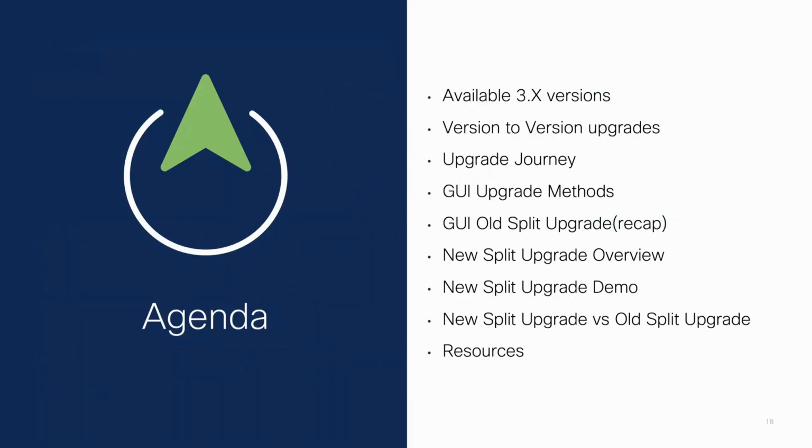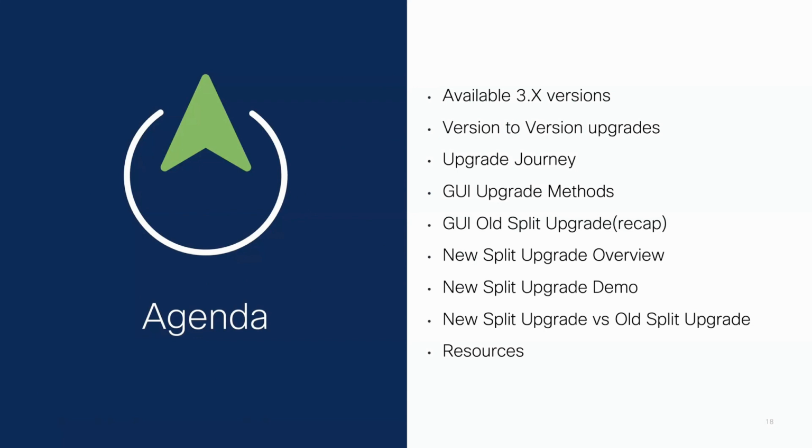So this is what the agenda is going to be. We're going to cover the available 3.x versions and the version-to-version upgrade support, and the general upgrade journey that you need to take care of, irrespective of which 3.x version you're talking about.